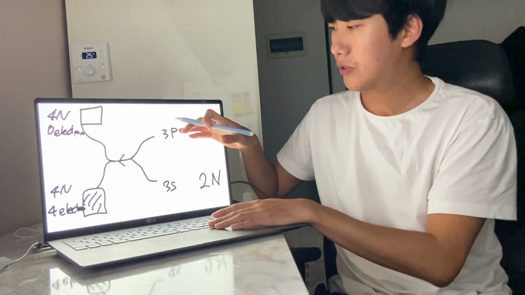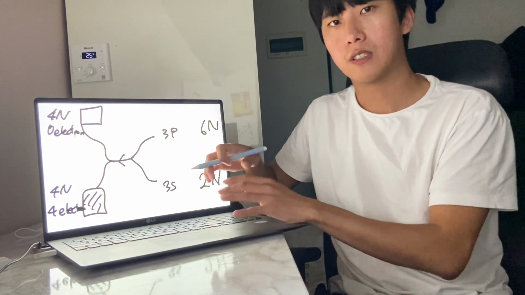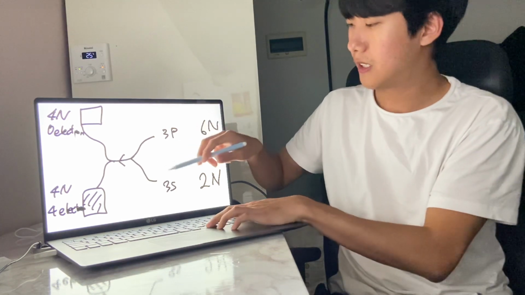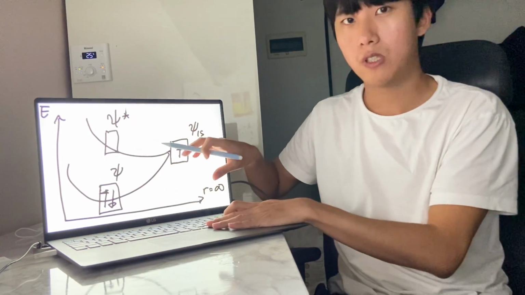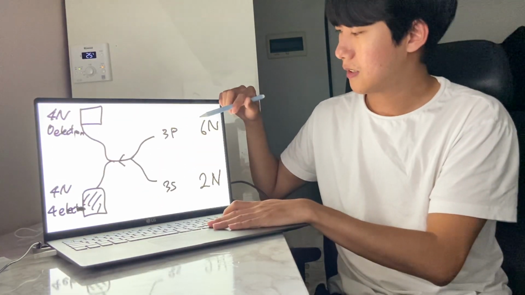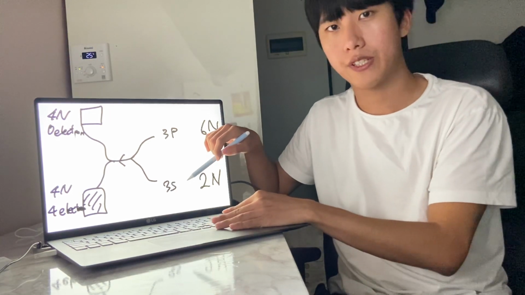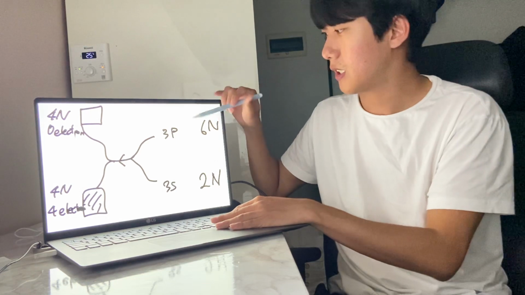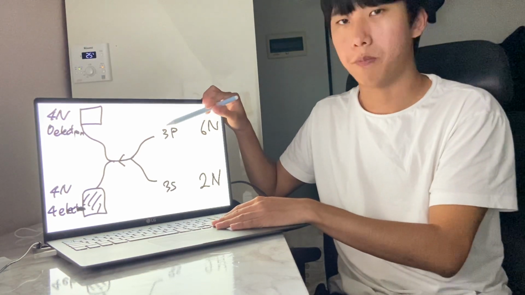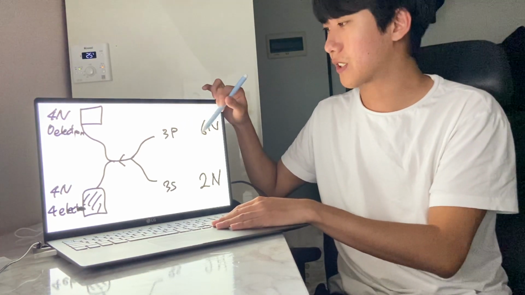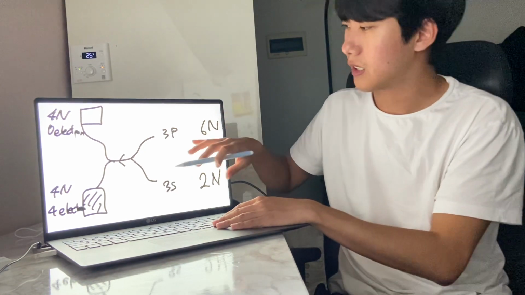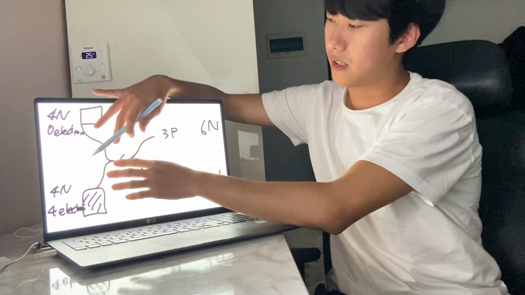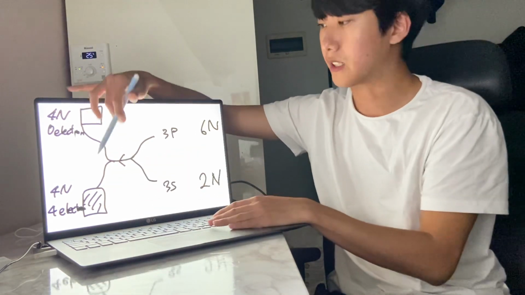So we apply this concept to this tool. The 3s orbital has two states, and the 3p orbital has 6 states. They bond with each other and split apart like this.